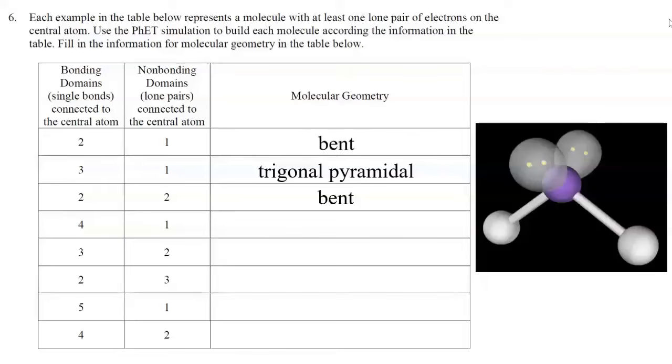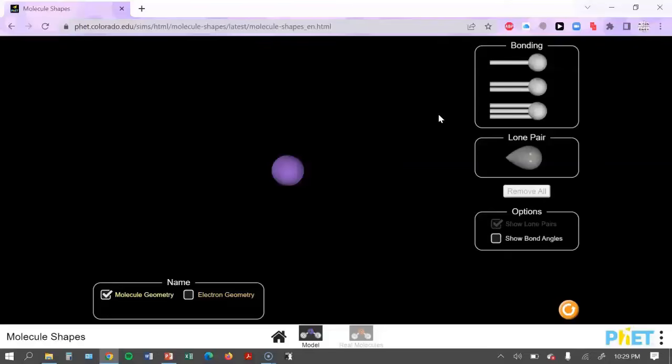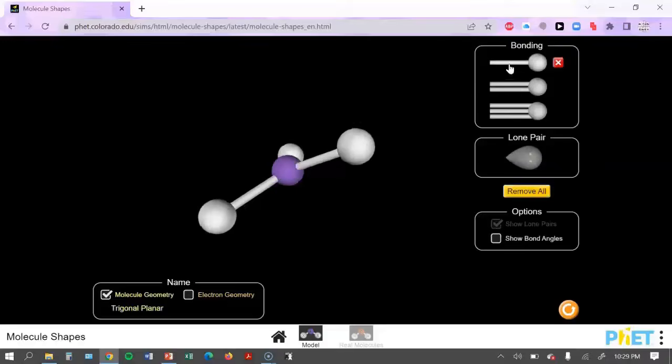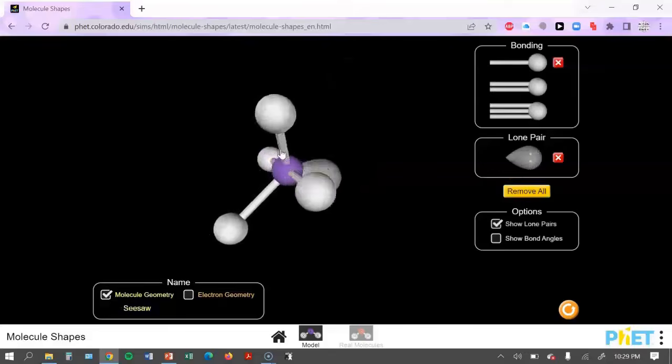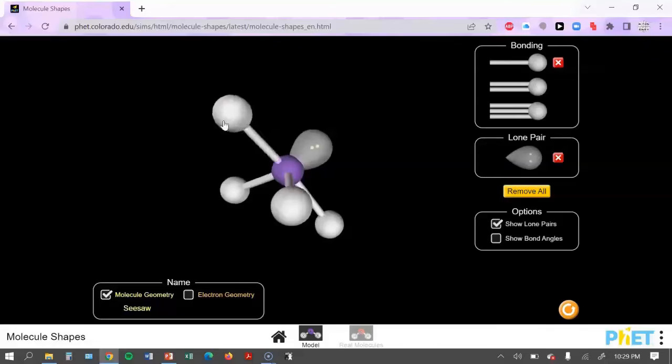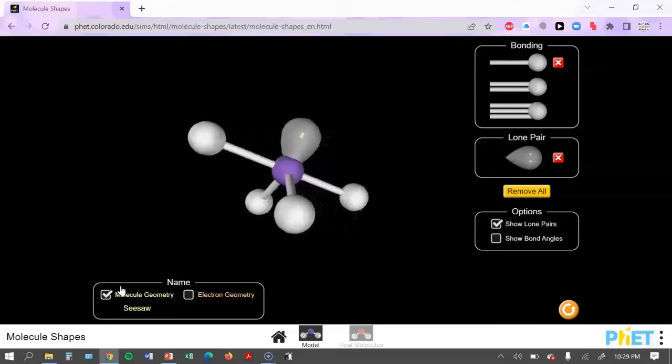The next example in the table is 4 bonding domains and 1 non-bonding domain. Okay, so here are 4 bonds and 1 lone pair. And the name of this particular shape is seesaw, and that's because it resembles the appearance of a seesaw.